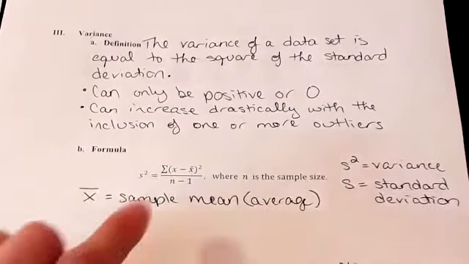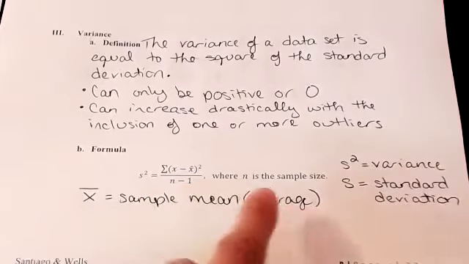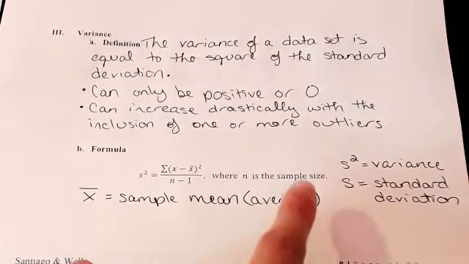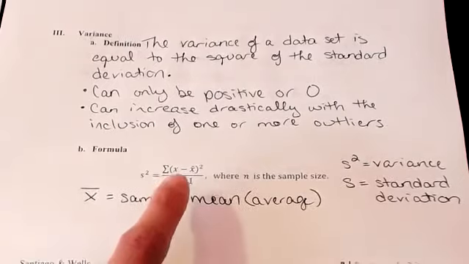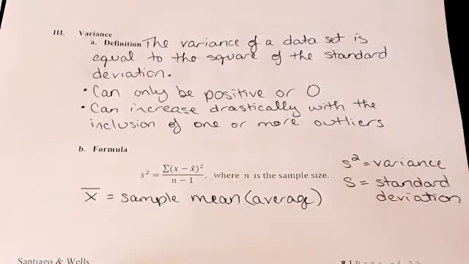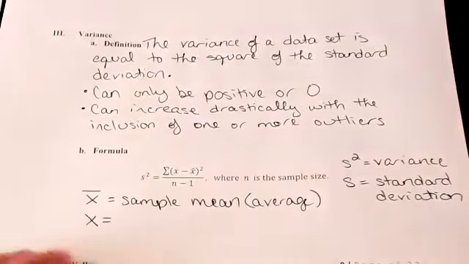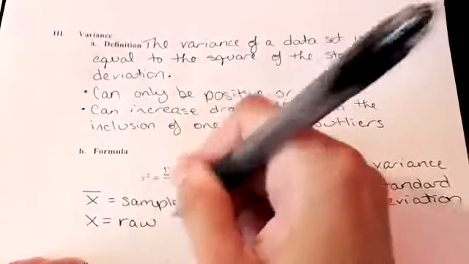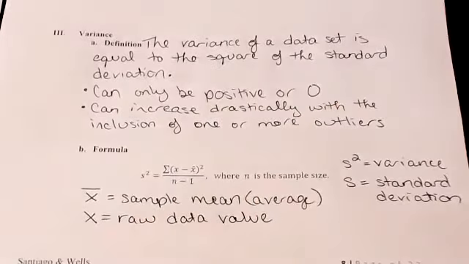We know that N is the sample size, right? How many items are in our sample? And I have that written here. N is the sample size. You can underline it, you can highlight it if you'd like. The other piece to note is that X by itself, does anyone remember what this X by itself represents? We saw this. It represents your raw data value. Okay, X by its lonesome represents your raw data value.